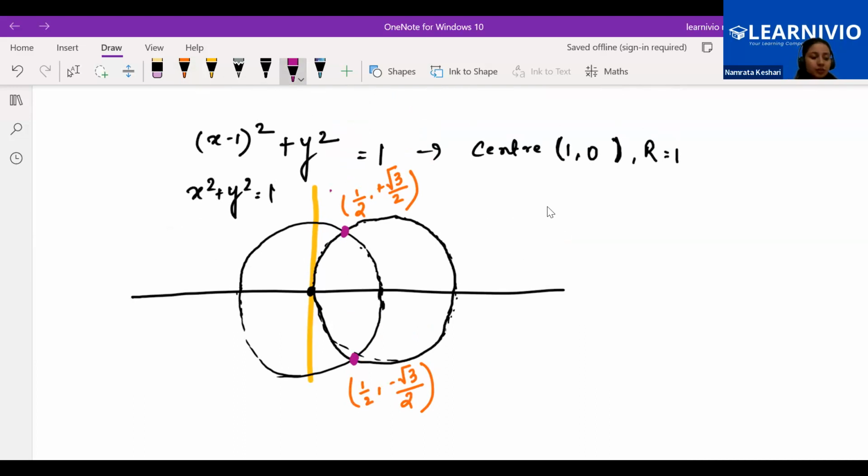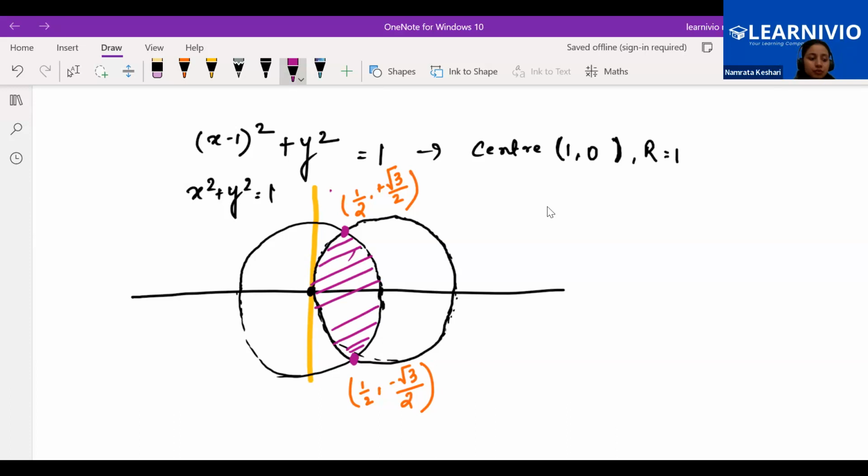Area bounded by both the curves. Okay. So can you see this area we are supposed to find over here? Yes, ma'am. This area we will be finding.